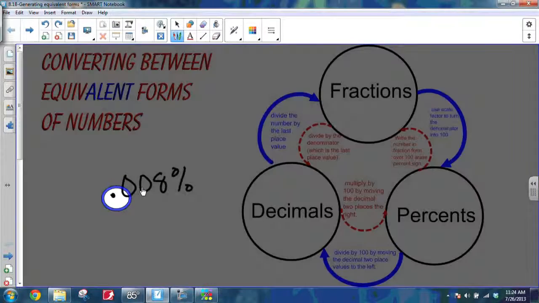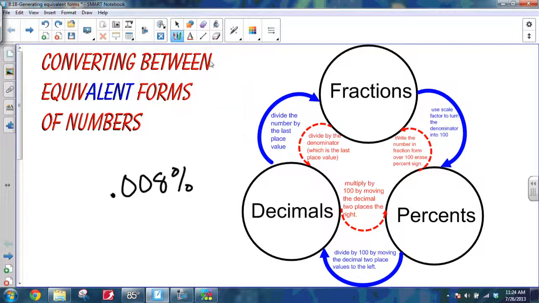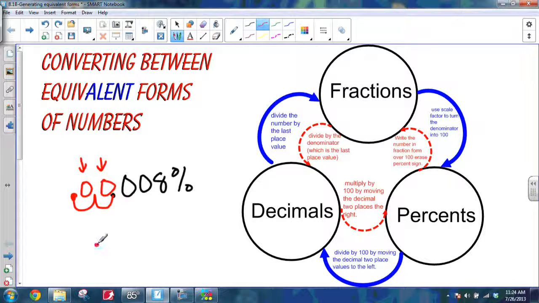So we know where our decimal is. Now we have to move it 2 places to the left. So 1, 2. So in these blank spots, we have to put placeholders or our zeros. So our decimal is 0.00008 or 800 thousandths.